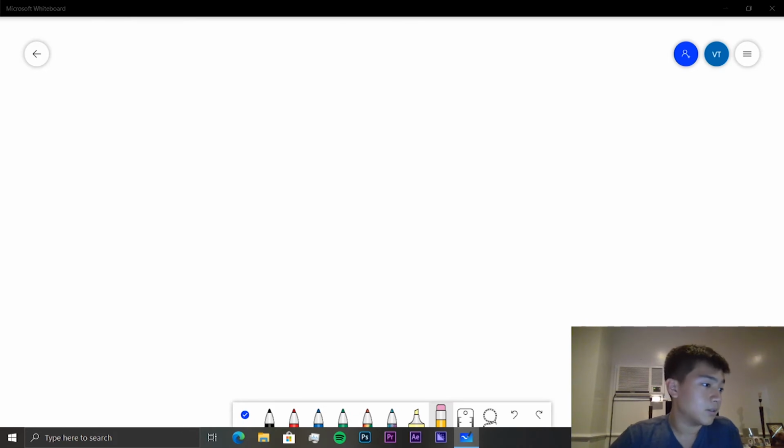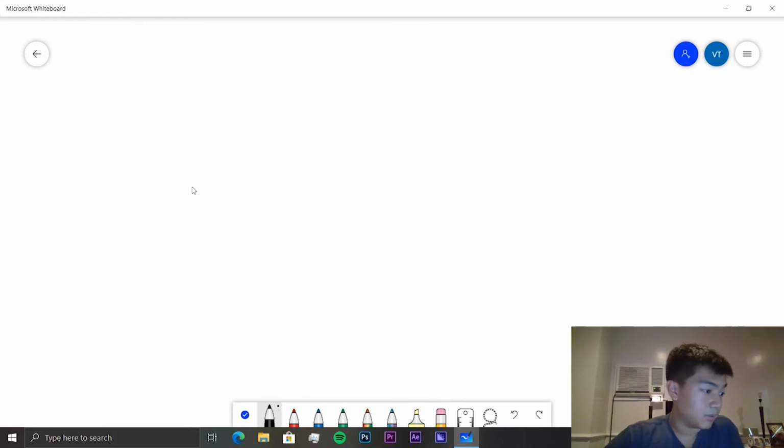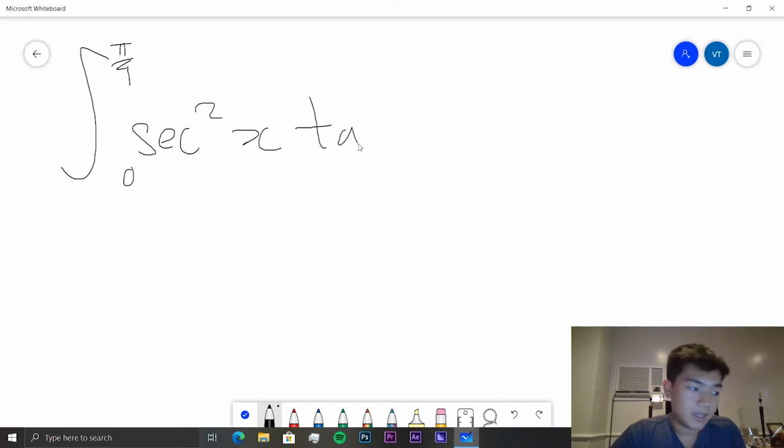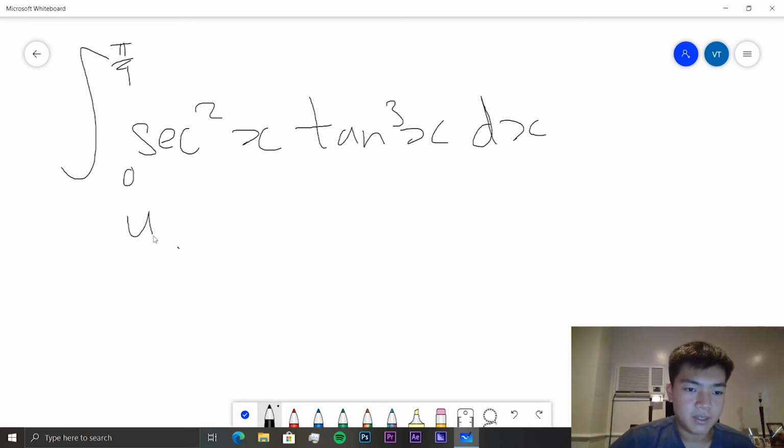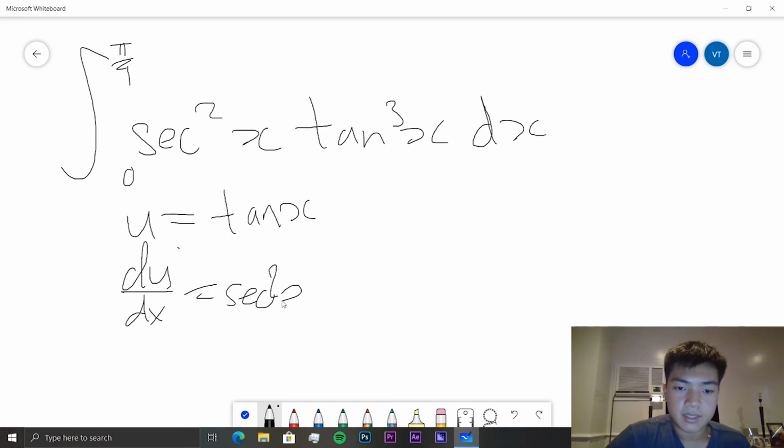Okay, on to the next one. And the next one we have the limit between pi over 4 and 0 of secant squared x tan cubed x dx. This is a fun one. So what do we have here? We can say u is equal to tan x, and then du over dx is equal to secant squared x.